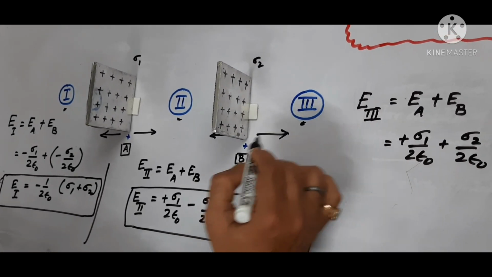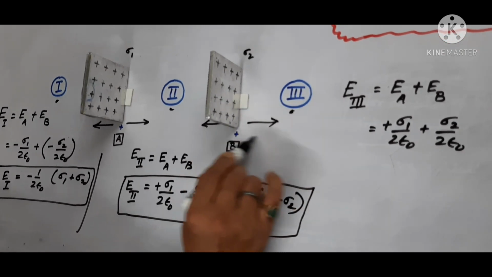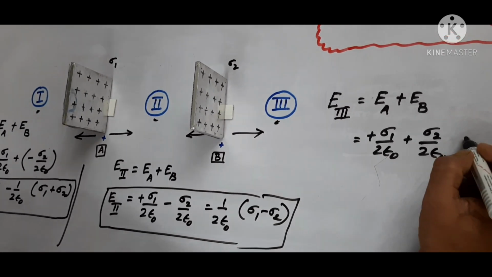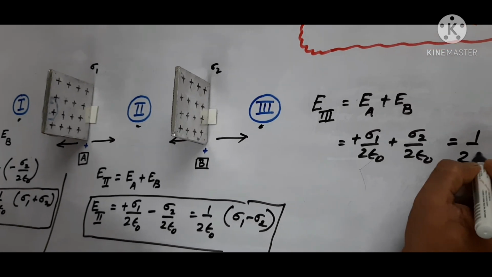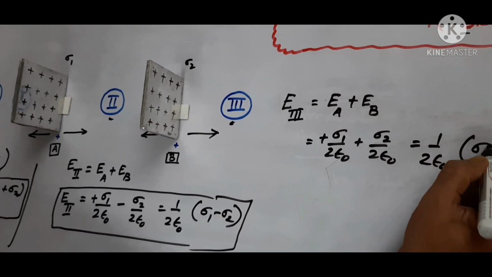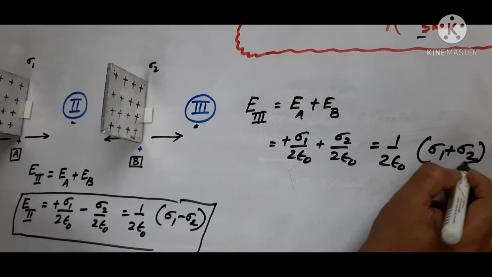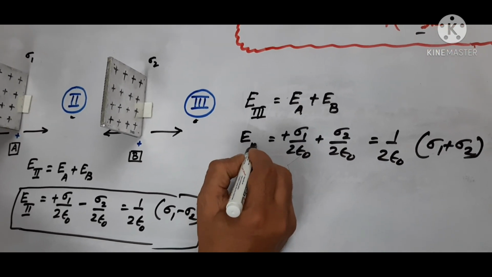For EB also along the positive x direction, so it is 1 by 2 epsilon naught common, sigma 1 plus sigma 2. So that is your E3.